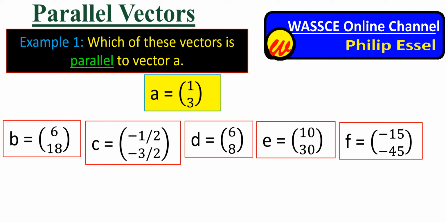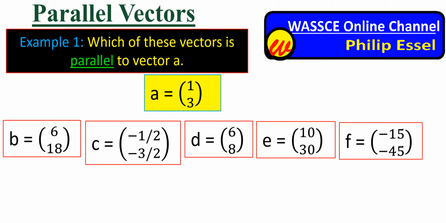Since the question wasn't interested in the directions of the vectors involved, the easiest way is for us to calculate the slopes or the gradient of the vectors given to us. We also need to calculate the slope or the gradient of the vector A. We'll then compare. The vectors that have the same slope as the slope of the vector A should be parallel to the vector A. It's as simple as that.